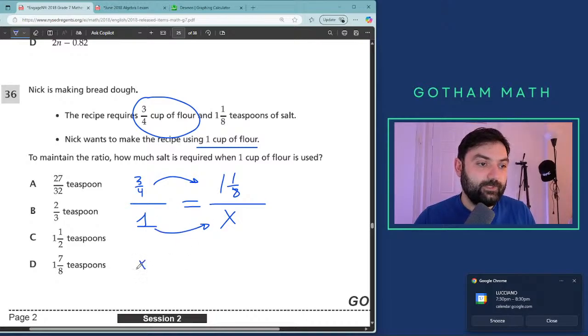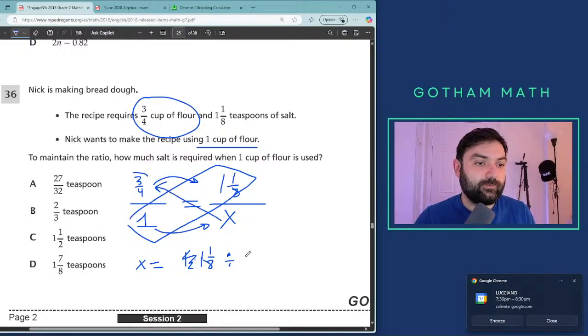But how do we solve that? We multiply across, right? So x equals 1 times 1 1/8, which we don't have to do. It's just 1 1/8, and we divide by the number that's across from the x. So dividing by 3/4.